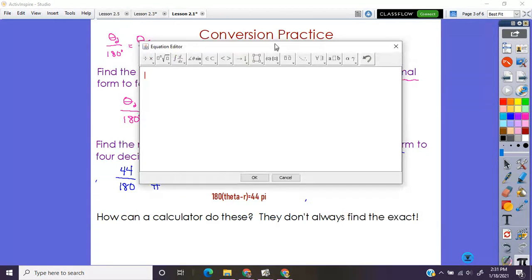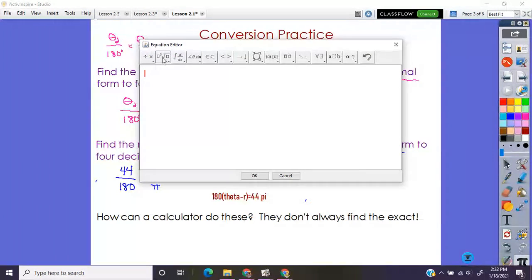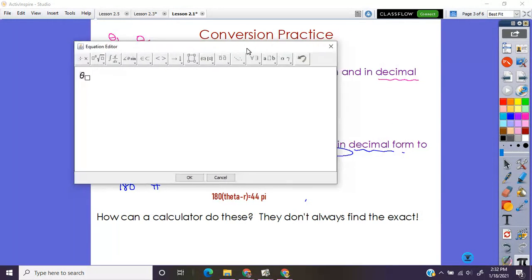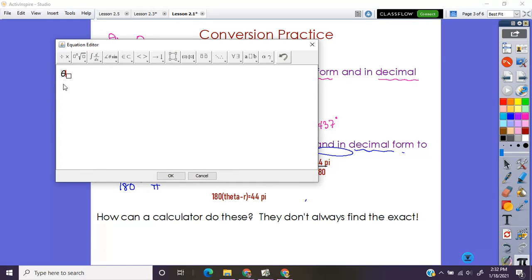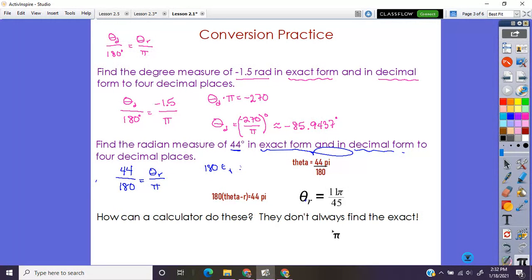So we end up with our theta in radians equals 11 pi over 45. You could leave the pi out front or do it at the end, that's up to you. That would be your exact.